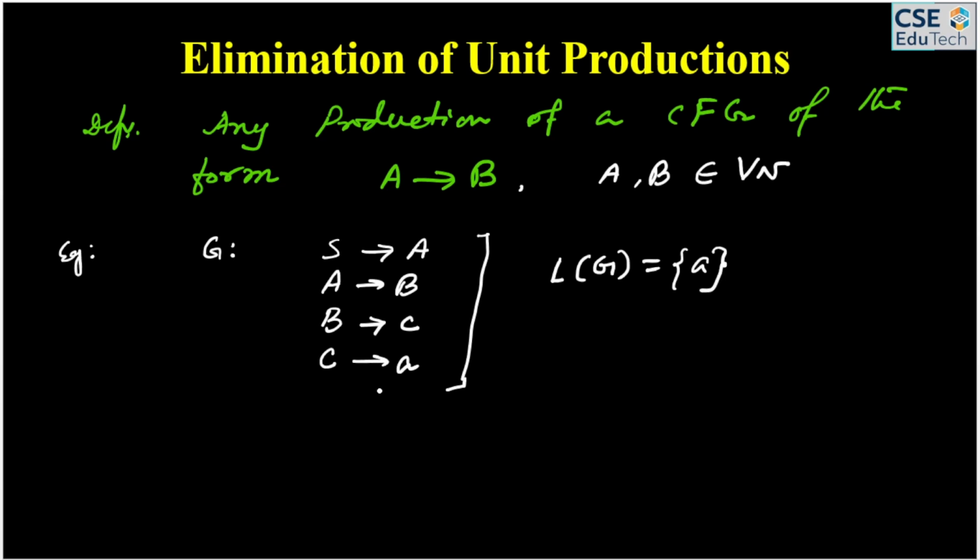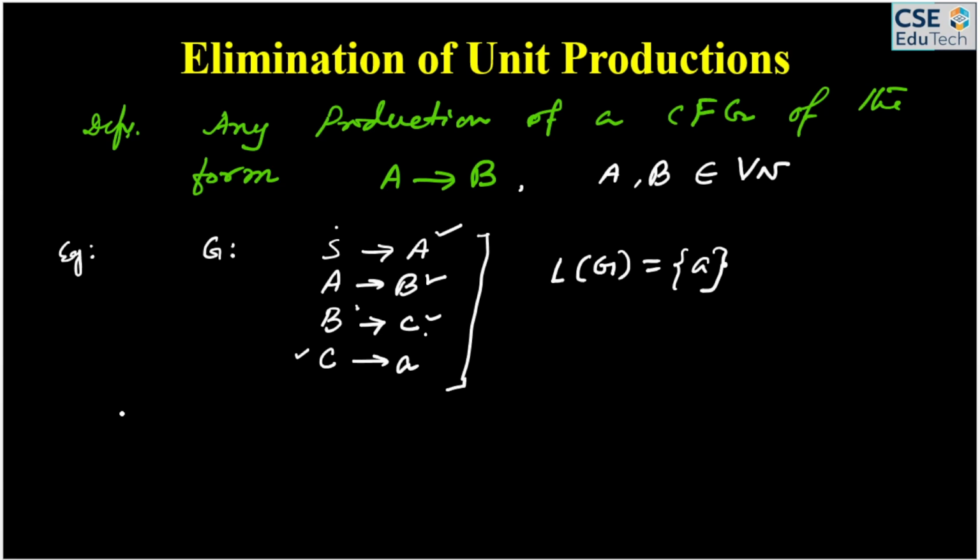Now, if we remove these productions, S to A, A to B, and B to C are basically useful to replace this S by C. And to get the terminal string, we need this production rule C to a.